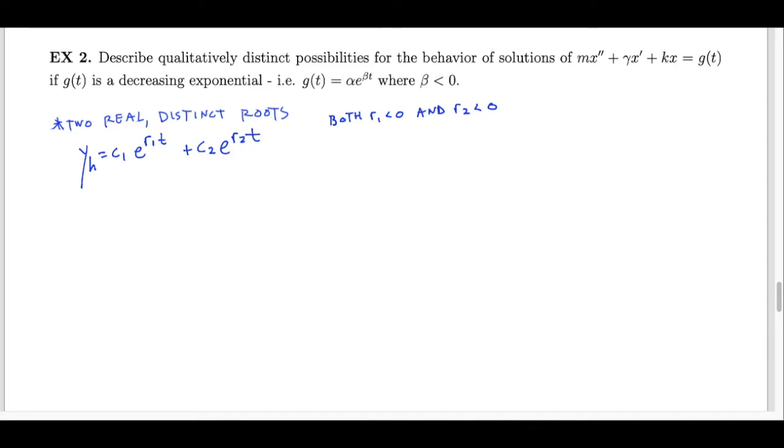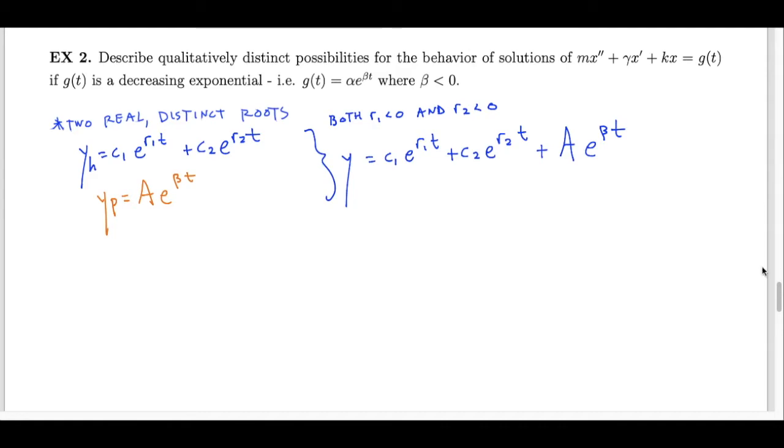In such a case, I would most likely apply undetermined coefficients, and I would select a y sub p that has the same basic structure as the g of t that we're supposing. Now, in most cases, my final solution would simply be the sum of the y sub h and y sub p that I have written here.